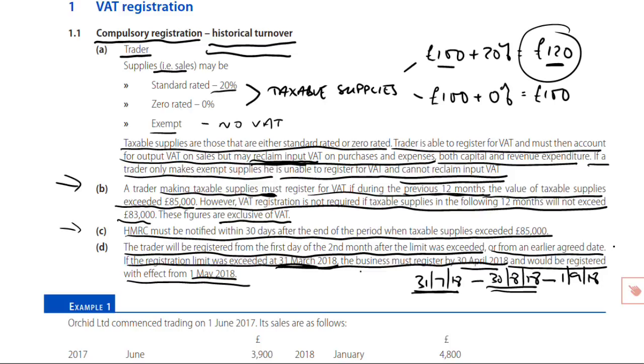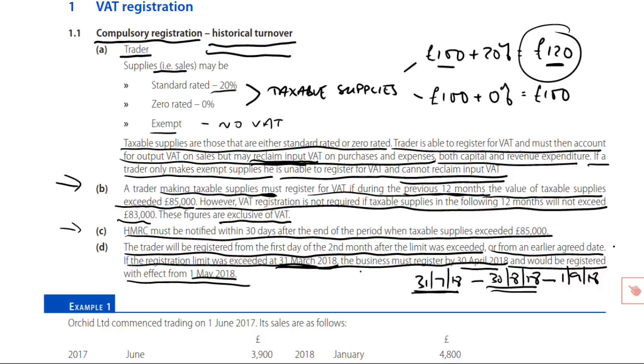And from that point, we're going to then have to account for output VAT on the sales and then be able to look to recover input VAT. Though, as we'll see in just a little later note, hopefully in our next lecture or the one thereafter, there will be the situation that if you haven't registered for VAT immediately that you started to trade, and many small businesses of course will not, they will only register when they have to, using this compulsory registration rule here.